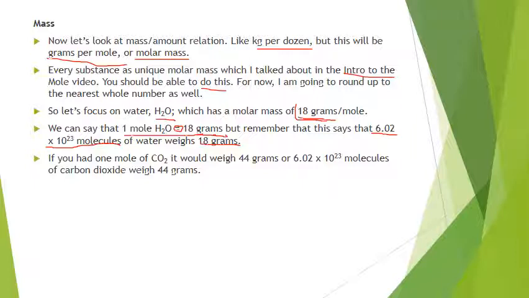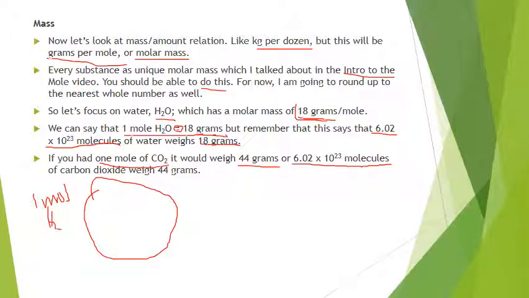And if we did carbon dioxide, 1 mole of carbon dioxide weighs 44 grams. You can do it the same way. Carbon is 12, each oxygen is 16, and so you get 12 plus 16 plus 16 is 44. That's essentially saying that 6.02 times 10 to the 23rd molecules weighs 44 grams. So if you have a mole of water, there's going to be 6.02 times 10 to the 23rd waters in here, and they're going to weigh 18 grams.